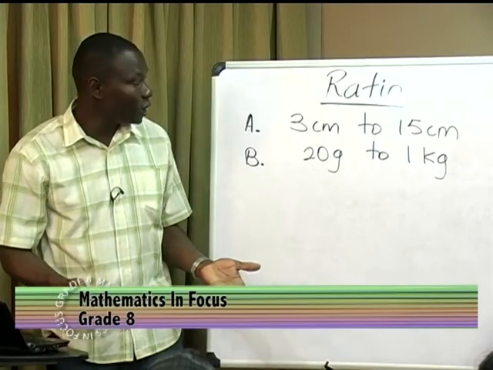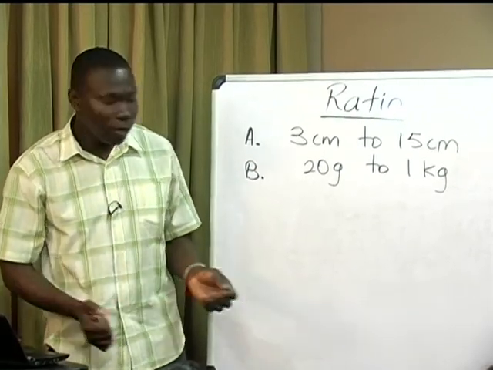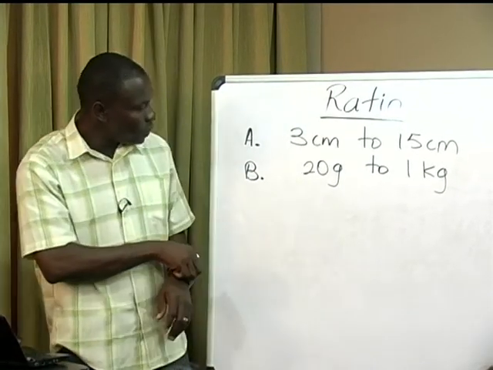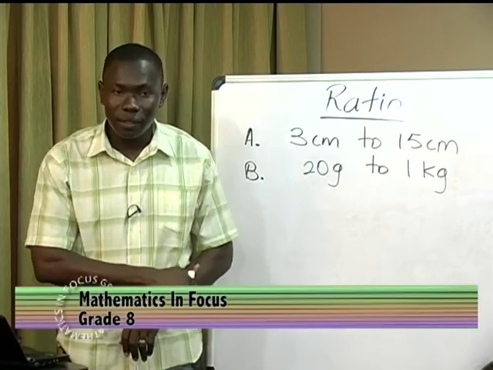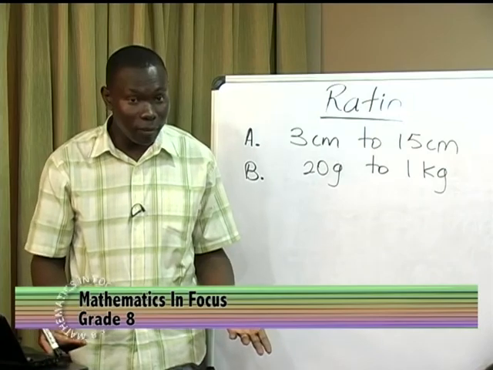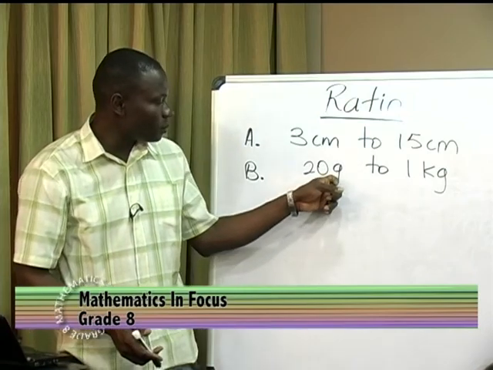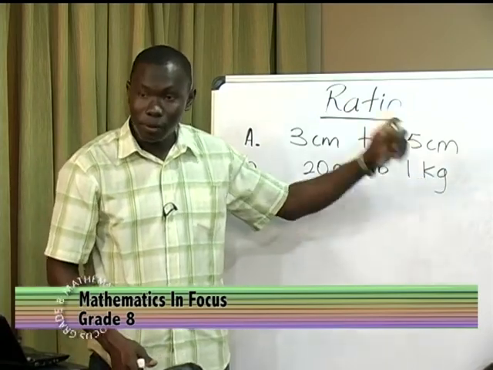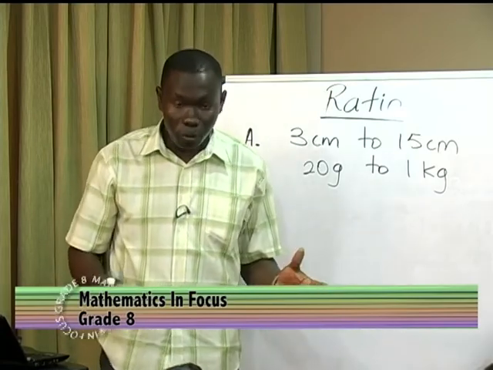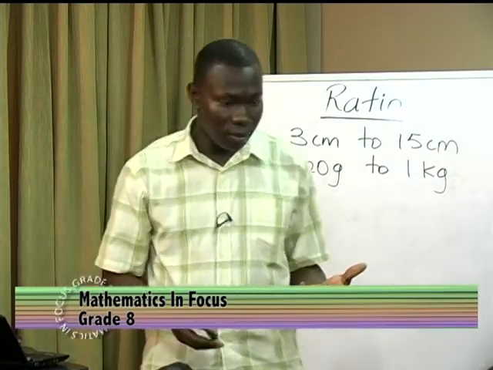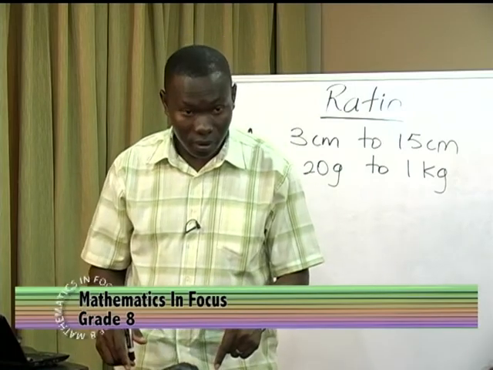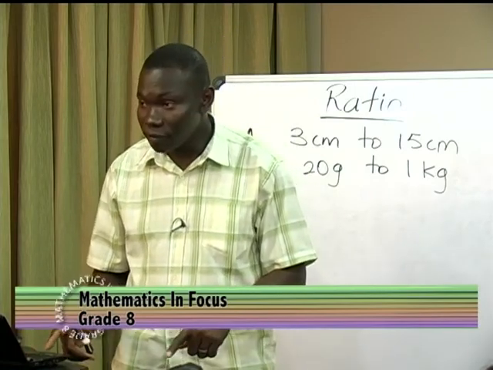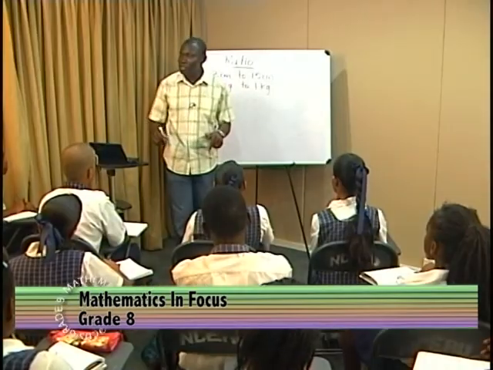Both of them were speaking about cm. But in this case, we are attempting to compare two quantities that are not of the same type, because one is gram and one is kilogram. But in ratio, when we're going to compare quantities, we compare quantities of the same type. Is that clear? Yes. We compare quantities of the same type.